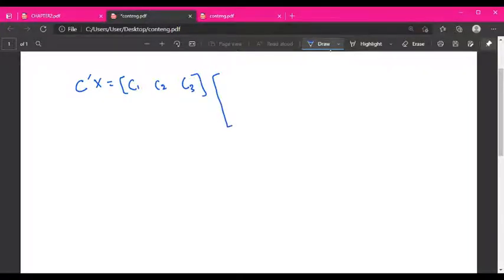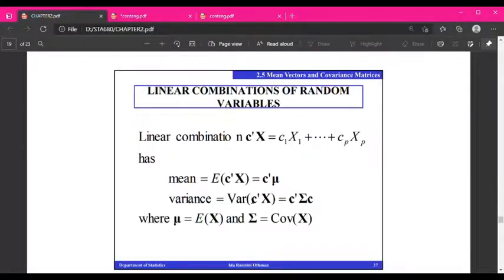And then the vector for X will be X1, X2, X3. Okay, so bila kita multiply this matrices ataupun vector, so kita akan dapat C1X1 plus C2X2 right, plus C3X3. Okay, so daripada matrix ni kita akan dapat this linear combination. So maksudnya the linear combination can be written in terms of the matrices.